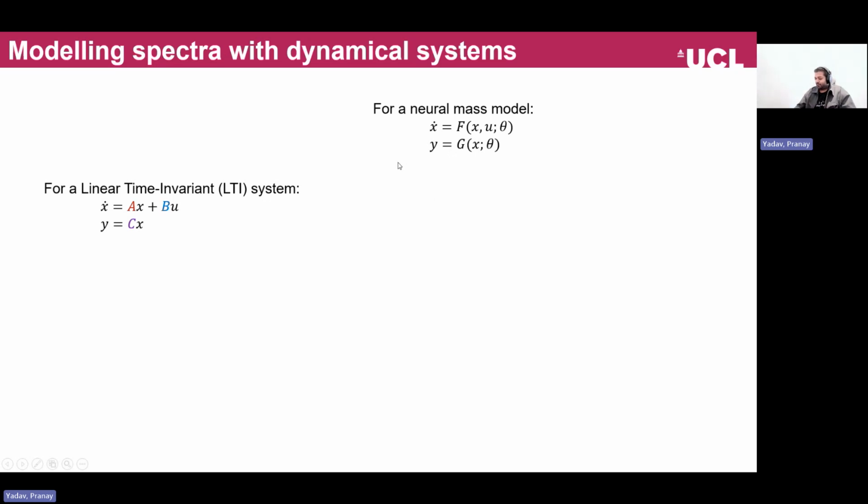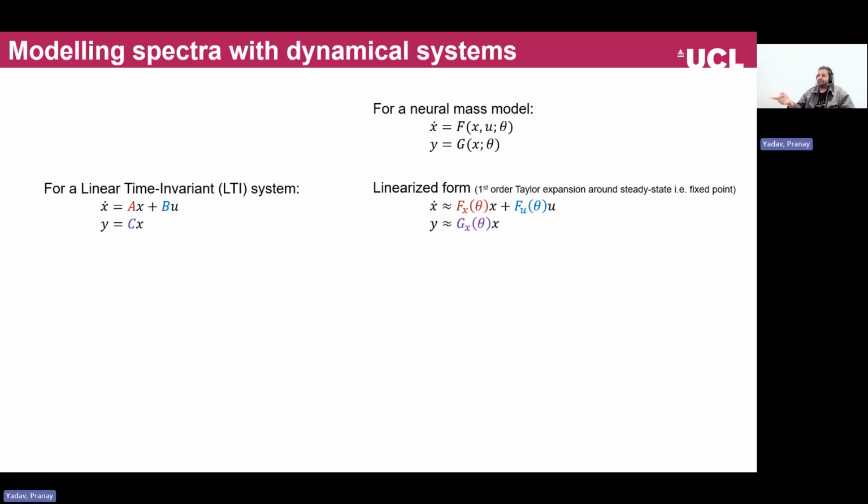Right, so now we can assume that this neural mass model is operating at steady state. And we can use this assumption to linearize this model at or around the steady state. We can do this using a first order Taylor expansion.